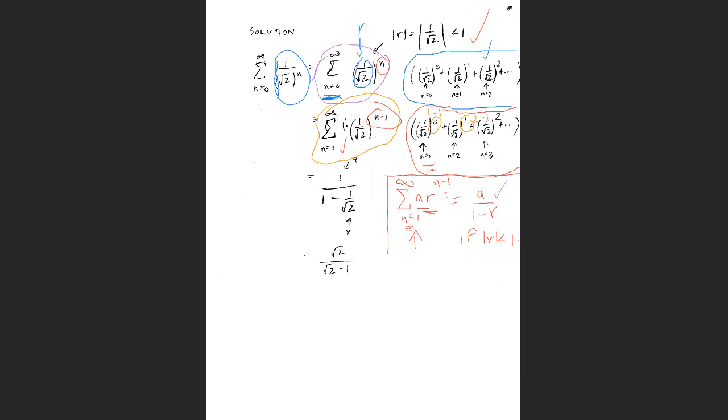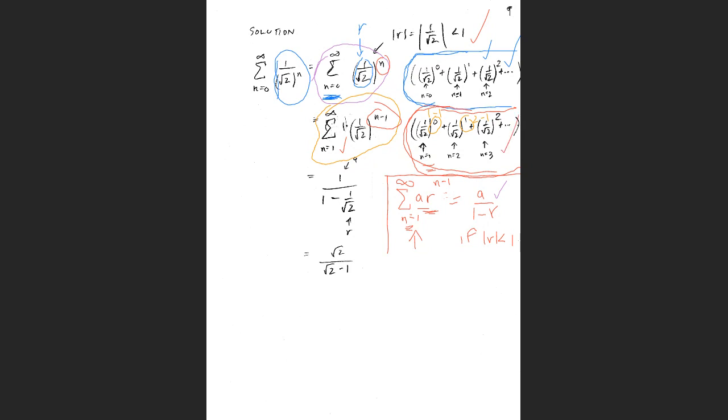So you end up getting the same terms. If you compare the two series that I wrote out here, whether I start the index at n equals 1 or at n equals 0, I'm generating the same series. This series here is equivalent to this series here.